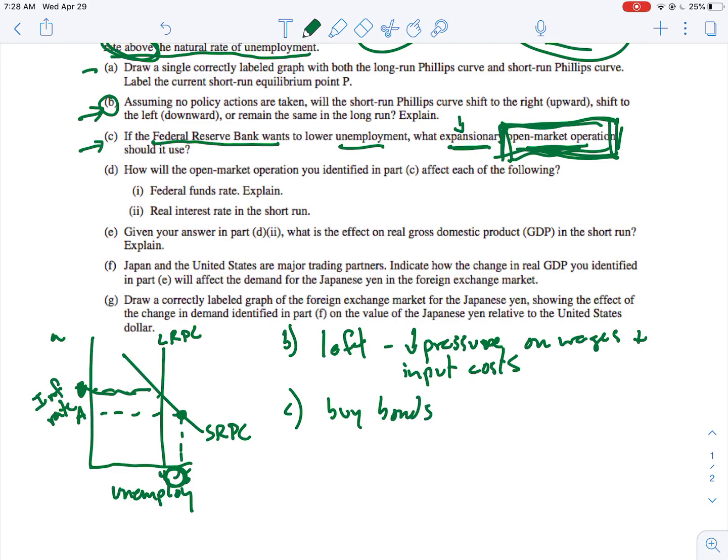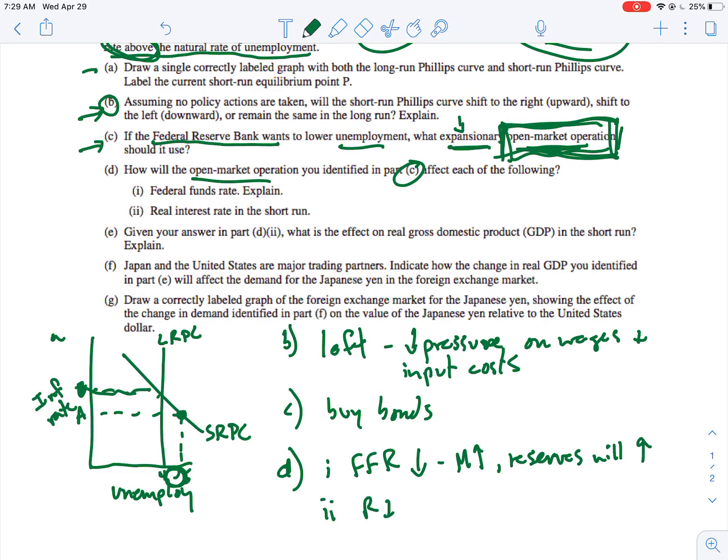Okay, now we're on to D. How will the open market operation that we identified in C affect the following? The federal funds rate will fall, because M will increase, reserves will increase, and that pushes the FFR down. And what will happen to the real interest rate?